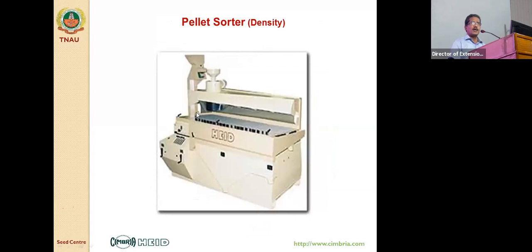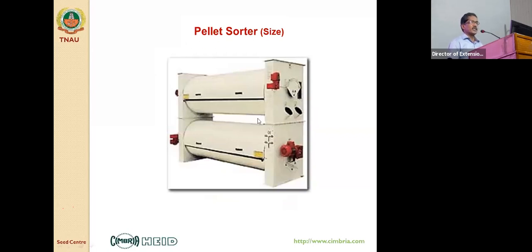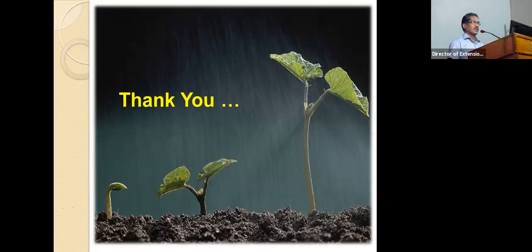This is not like our density separators, the specific gravity separators, where we separate ill-filled seeds and good seeds. Likewise, we can sort the pellets using a specific gravity separator. Another is like the indented cylinder; for example, for rice we use an indented cylinder to separate the seeds based on size. Here we use the pellet sorter also. These are the machines available for our purpose.